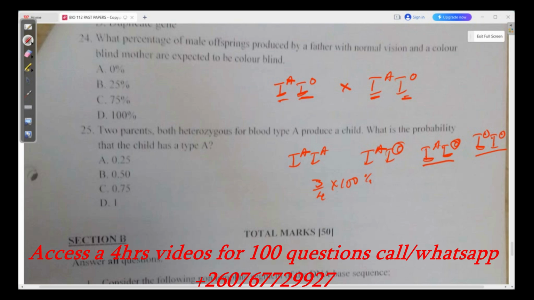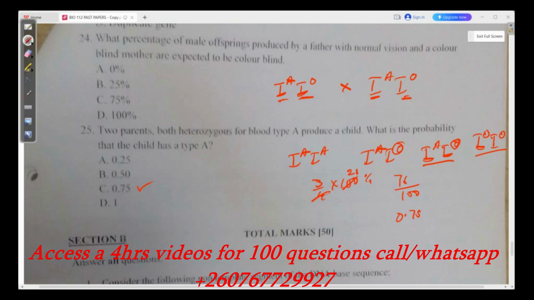If you conduct your cross, 25 by 3, that is 75. So 75 in decimal form, divide this by 100, it will be 0.75. So the answer has to be option C for this question.